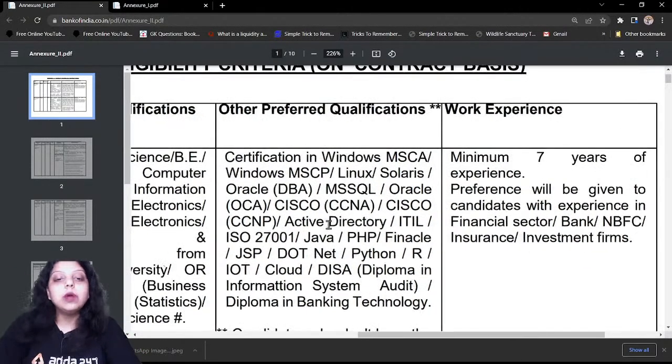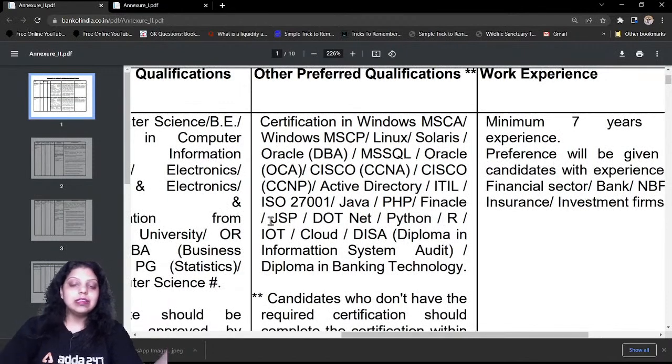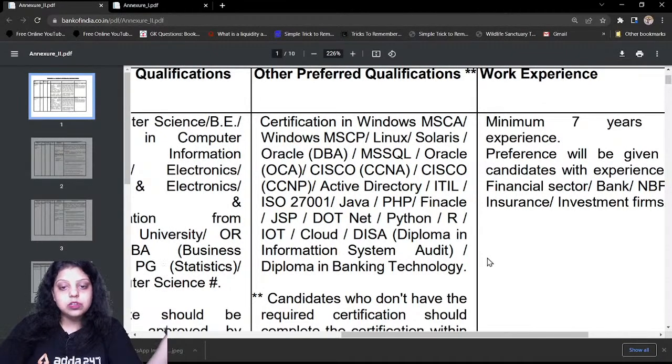Now, other preferred qualifications they have said you should have are certification in Windows MCSA, Windows MCSE, Linux, Solaris, Oracle, MS SQL, Oracle OCA, Cisco, Cisco CCNP, Active Directory, ITIL, etc. Also Java, ISO, PHP, Finacle, JSP, .NET, Python, R, IoT, Cloud, DISA.